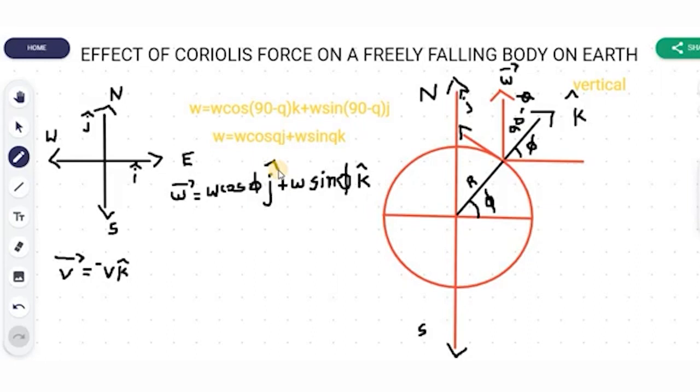Okay, so j is the unit vector along the direction of north and i is the unit vector along the direction of east, right?